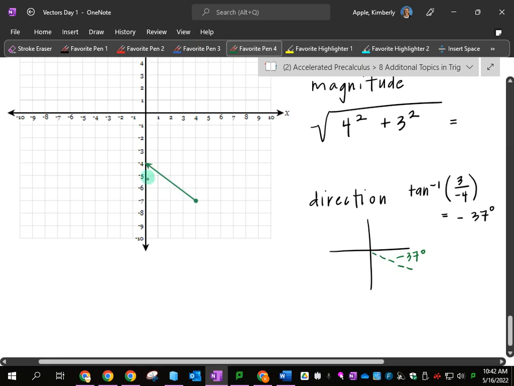What quadrant would this end up being in if this were an angle that started right here at 0, 0? It'd be in quadrant 2, which makes sense because where's the hidden value for tangent? It's 180 degrees away. So we add 180 and you'll get your direction.